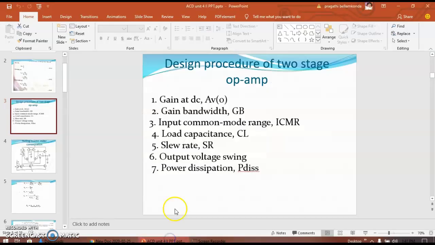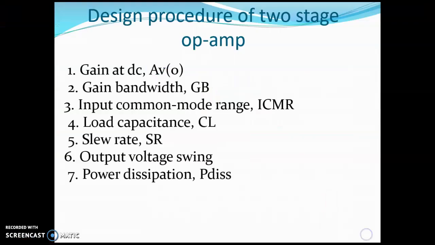And the next one is the design procedure of a two-stage op-amp. What are the parameters that we have to take into consideration when designing a two-stage op-amp? Gain at DC, this is A suffix V0. Next, gain bandwidth GB, input common mode range ICMR, load capacitance CL, slew rate that we have seen, output voltage swing and power dissipation.